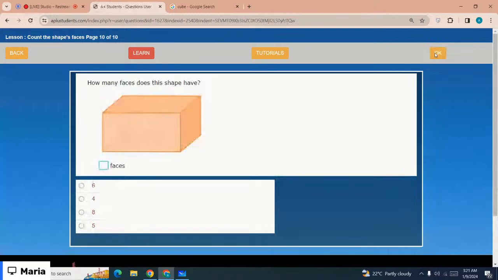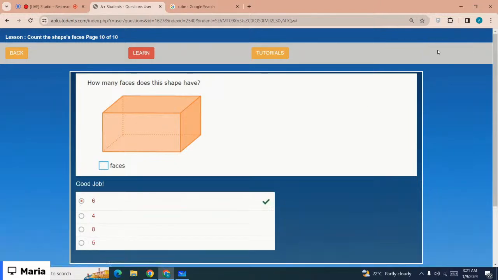How many faces does this shape have? The correct option is, yes, the shape has six faces. Okay, we are done with the lesson. Let's start with the next lesson.